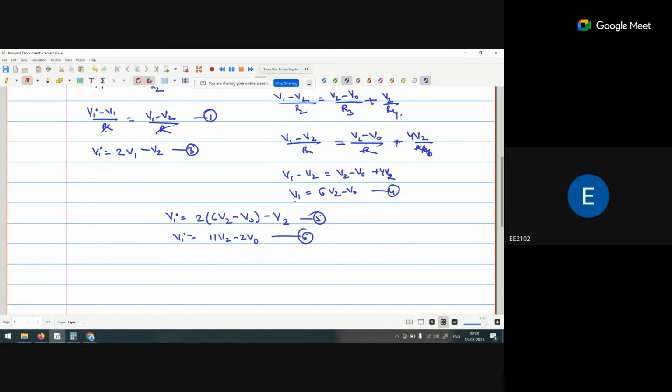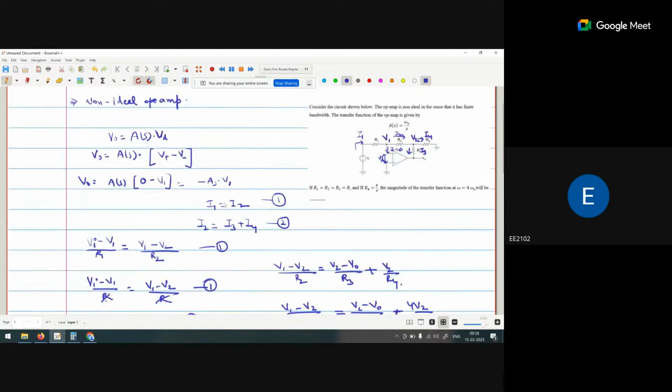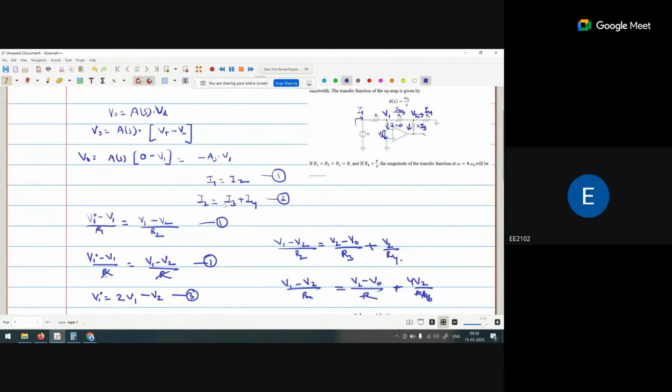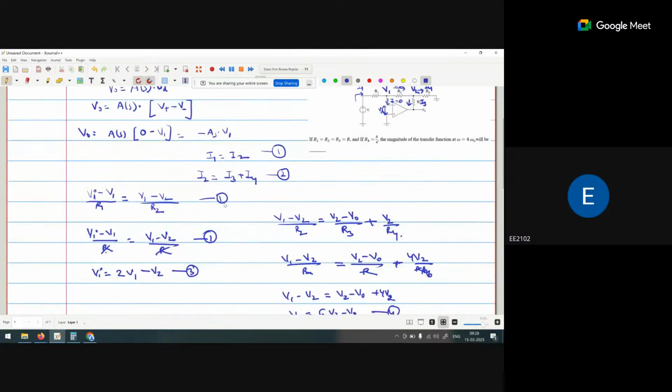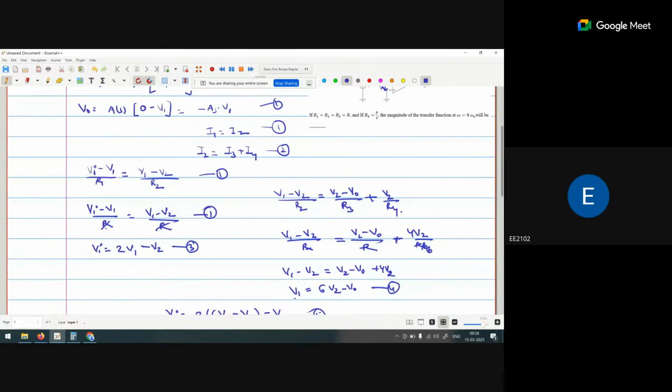We have to eliminate V2 from here. Okay, so how do we eliminate? From the equation number, this one, equation number this one also. Six we have.